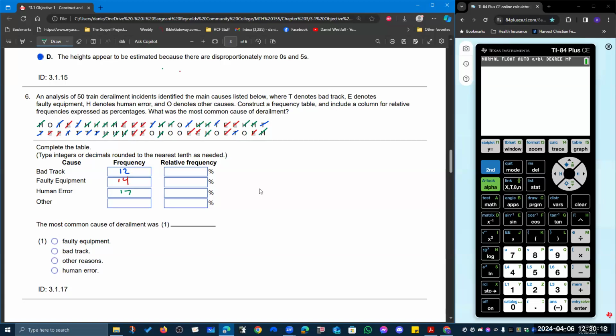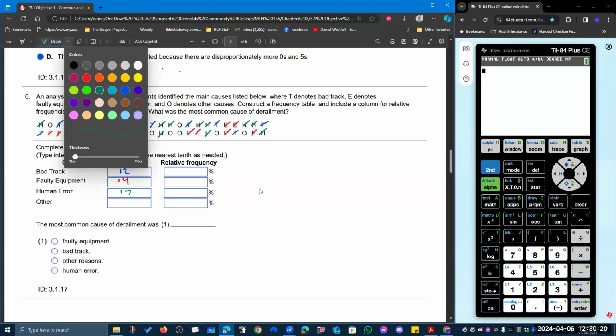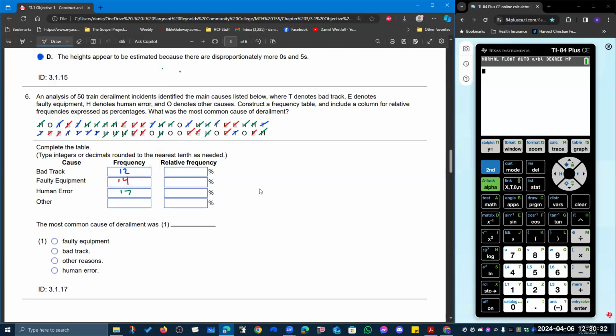And everything else left should be an O. Let's pick, oh, I don't know, brown for that. 1, 2, 3, 4, 5, 6, 7. You see that I didn't miss any. They were all checked off the list this way.